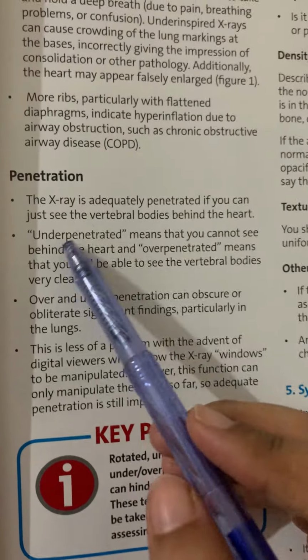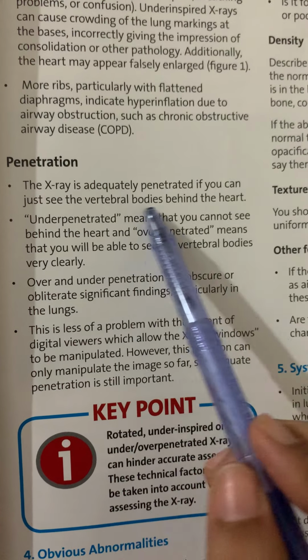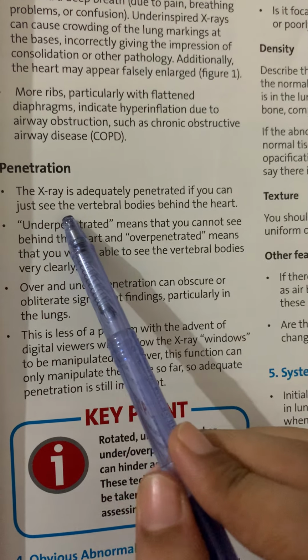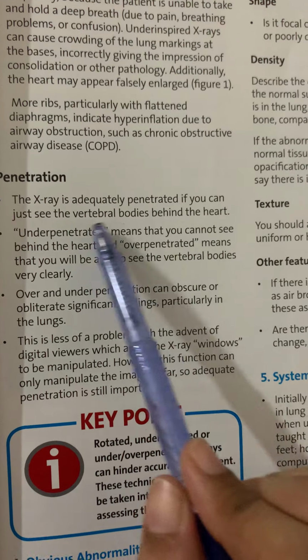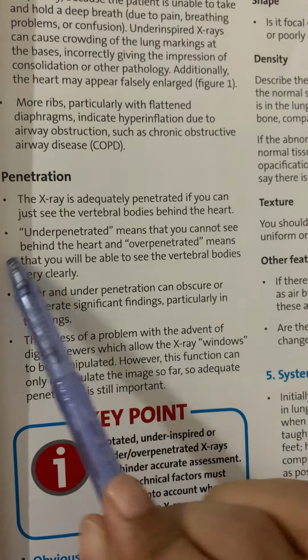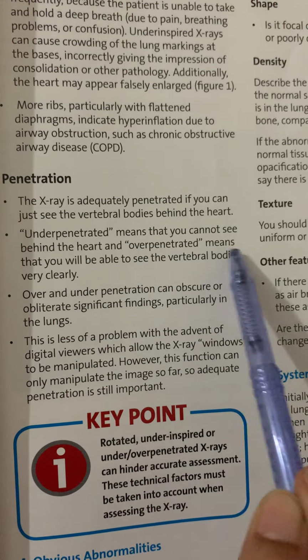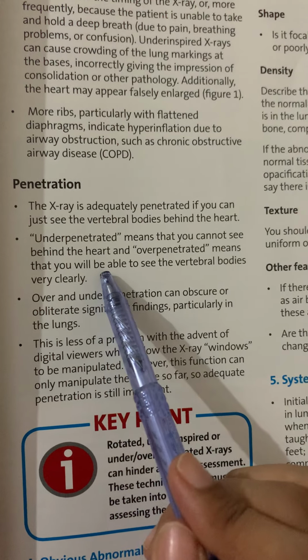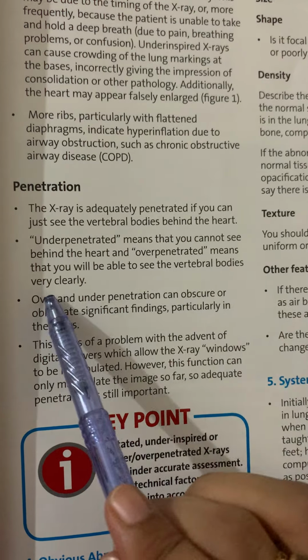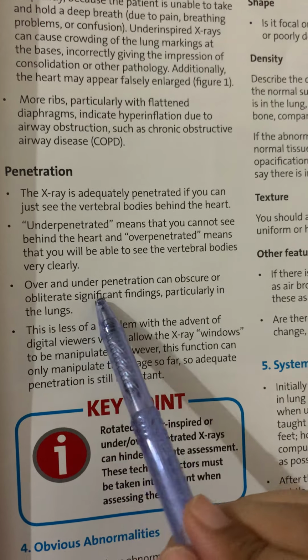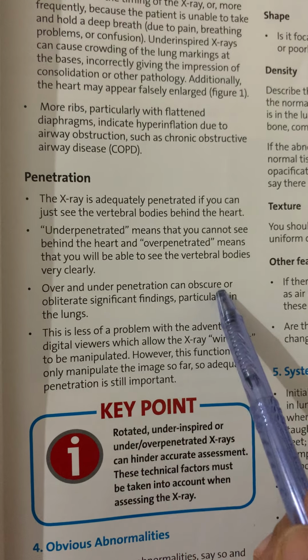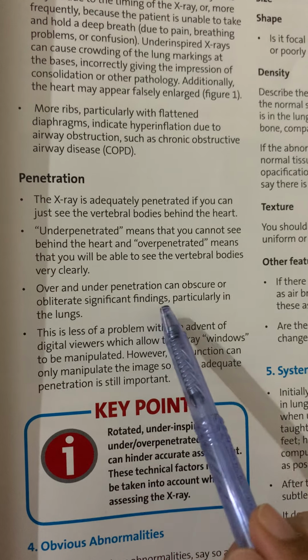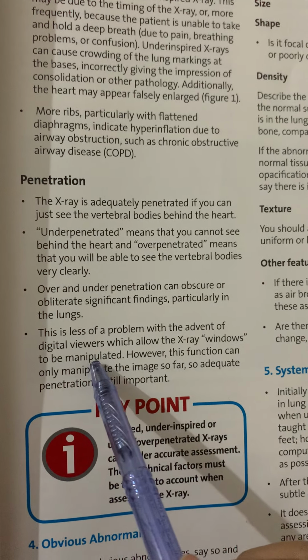Now coming towards the penetration. The X-ray is adequately penetrated if you can just see the vertebral bodies behind the heart. Under-penetrated means that you cannot see behind the heart, and over-penetrated means that you will be able to see the vertebral bodies very clearly. Over and under penetration can obscure or obliterate significant findings, particularly in the lungs.